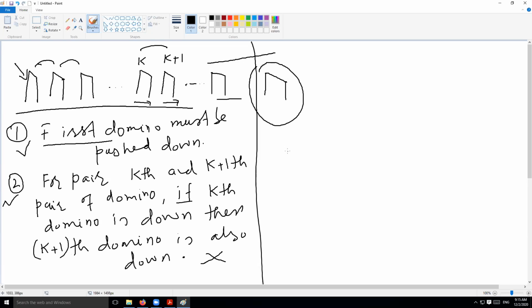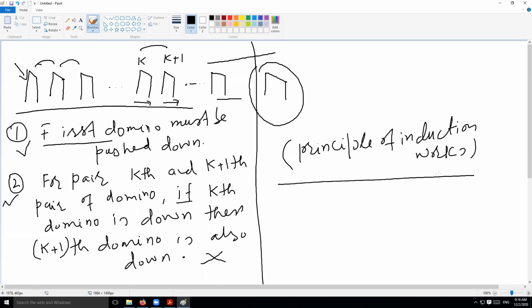Okay. And this is precisely how the principle of induction works. So what does the principle of induction say, roughly?